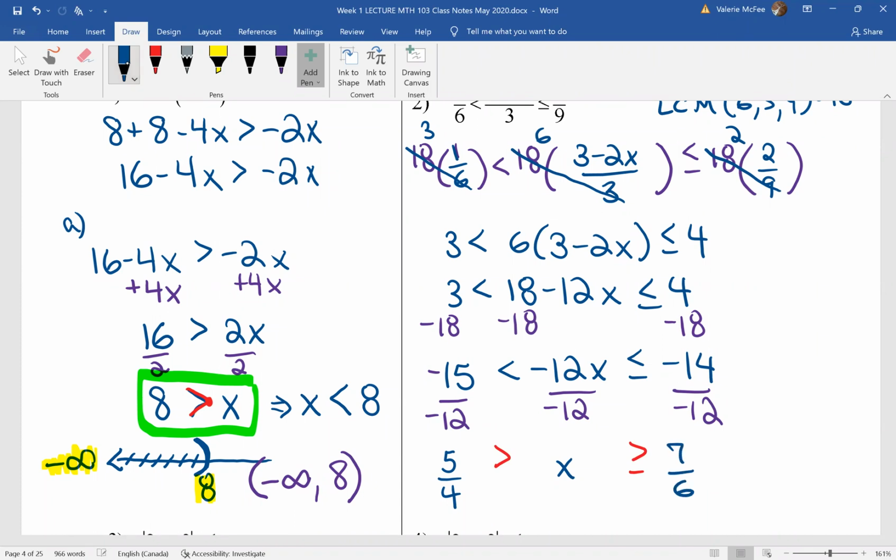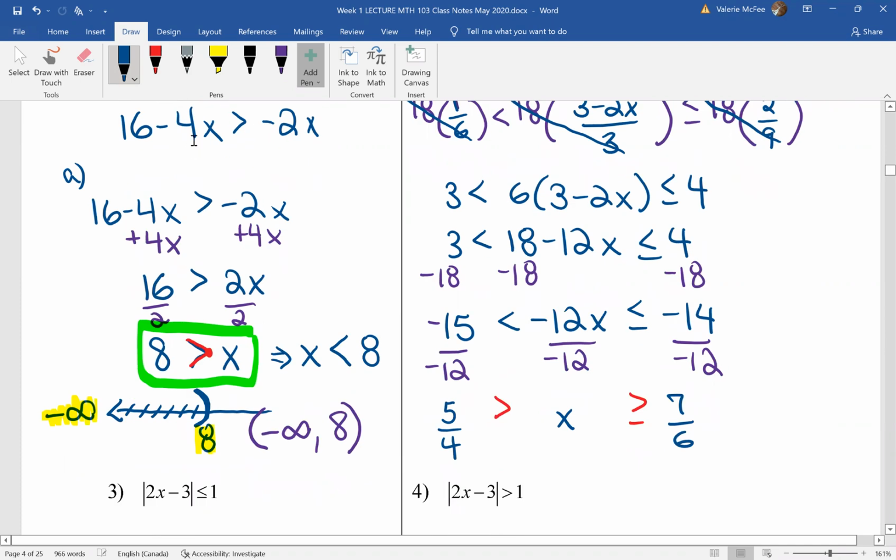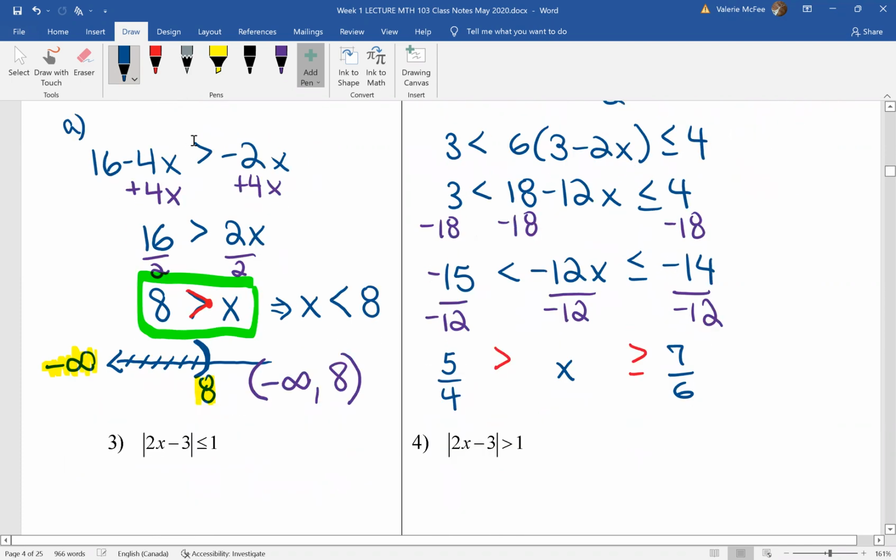I hope you can recognize that 7/6 is less than 5/4. So we would actually want to turn that whole statement around.